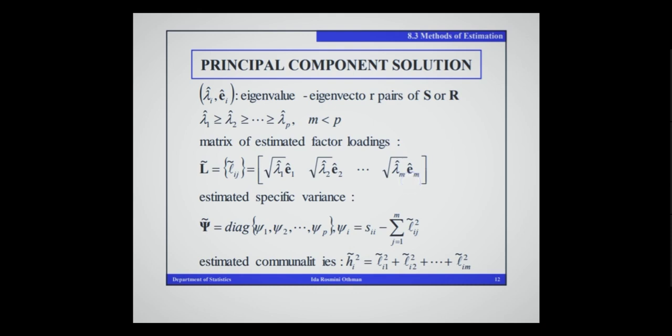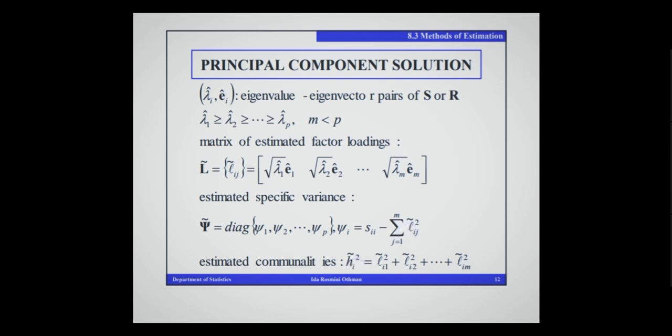Okay, so you akan dapat satu matrix dinamakan factor loading matrix. Okay, we will use all the value of factor loading untuk nak cari specific variance. The formula sebenarnya ianya adalah diagonal of the matrix, ataupun kita boleh cari daripada here the variance of the variables minus dengan summation of L square, which is the commonalities.